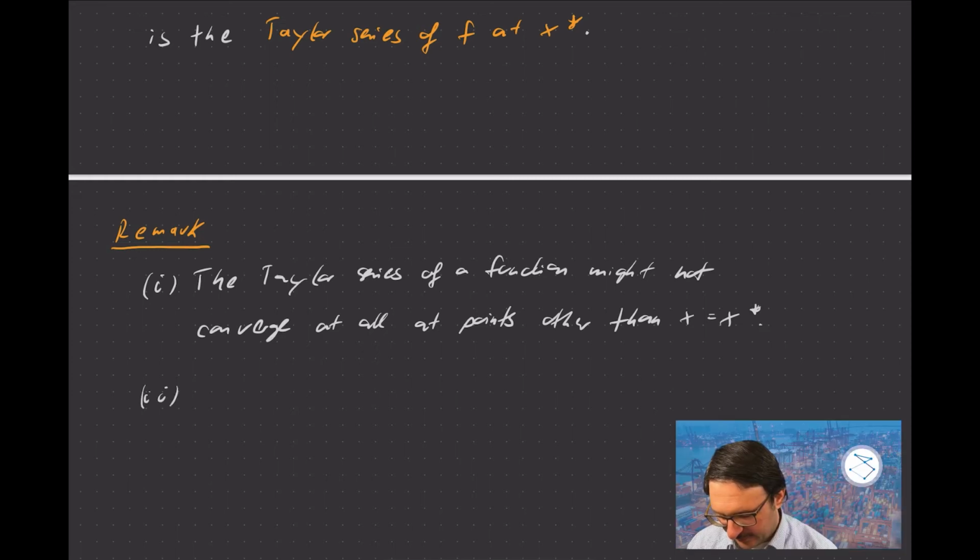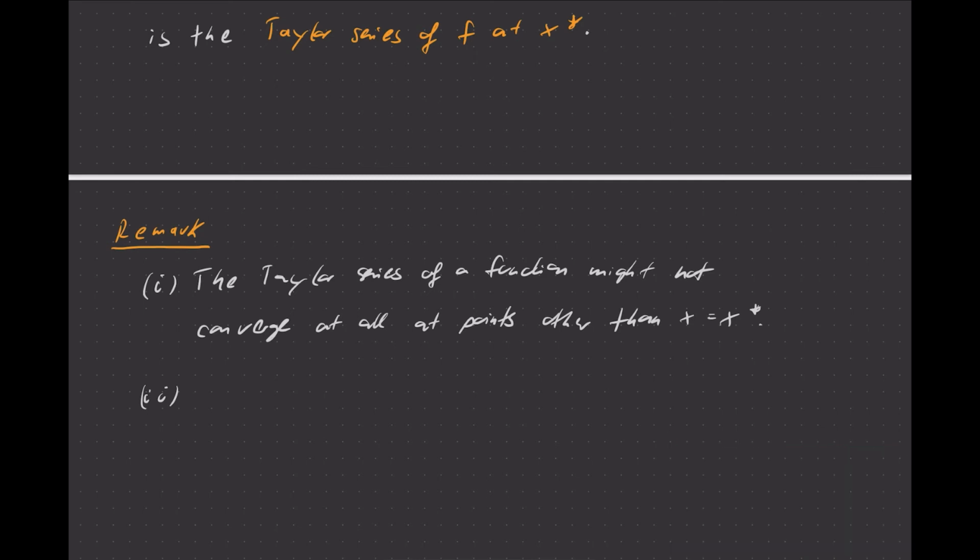And the second remark is, even if it does converge, that does not necessarily mean it converges against the original function. So it might converge, but the value, at least for certain x's, might not be the same as the value of the function that we used to get that Taylor series.